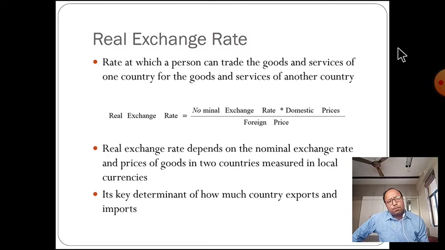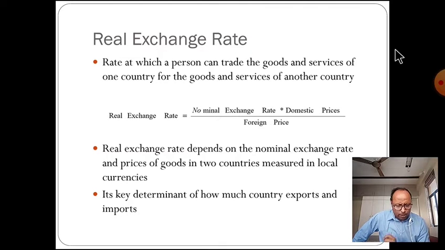Now this can be treated as 1 rupee is equal to $0.0125. How do you calculate this number? $1 is equal to 80 rupees. It means 1 rupee is equal to $1 by 80. So 1 by 80 comes to 0.0125. This becomes the nominal exchange rate for India.